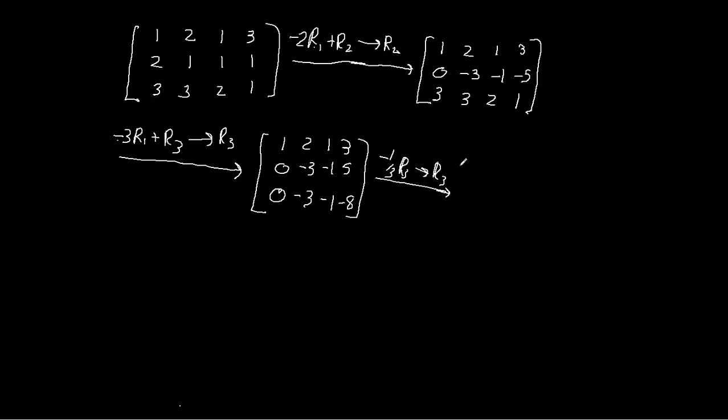Okay. So if we do that, right, 0 times negative 3 is still 0. We're working on the second row. We're not changing the first row. Right, we're not changing the third row.